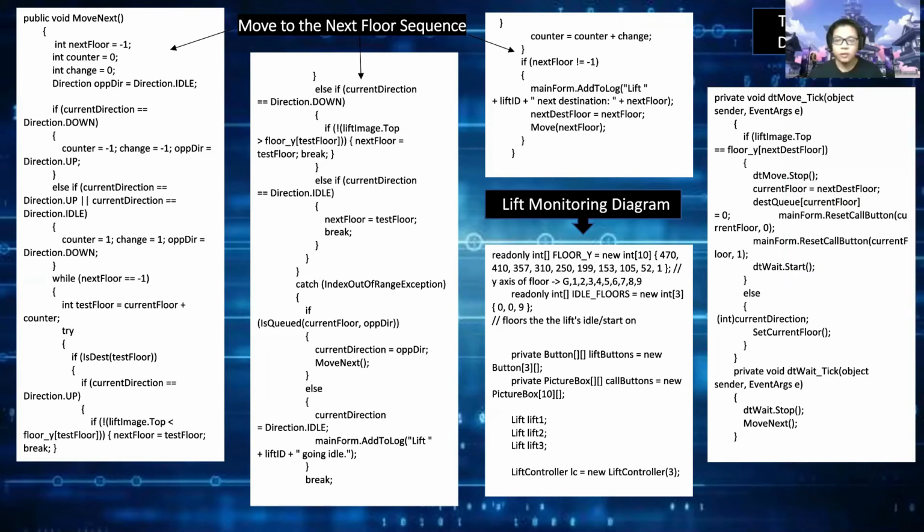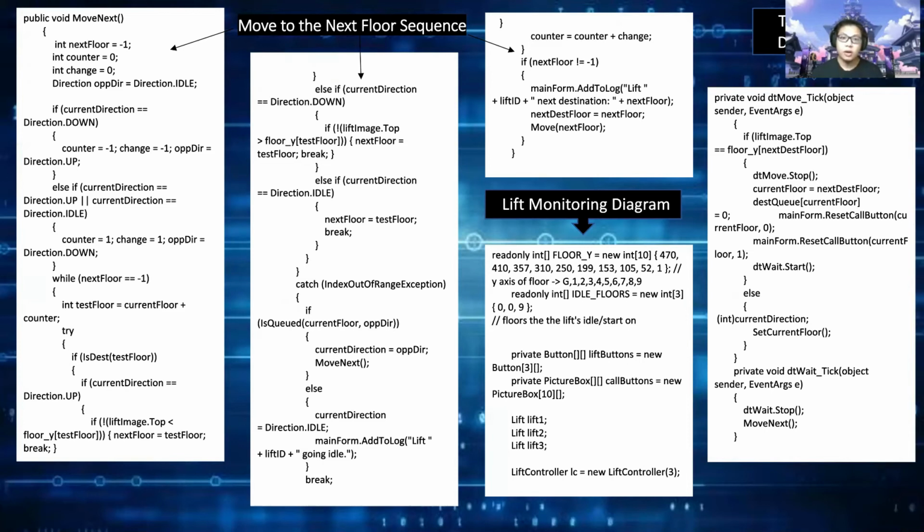Okay. So first I would like to explain about the lift monitoring diagram. For the lift monitoring diagram, we don't use blinking or lighting up every box. We want to have a smooth transition or smooth animation. So we move the floor or the picture box using the y-axis coordinate.